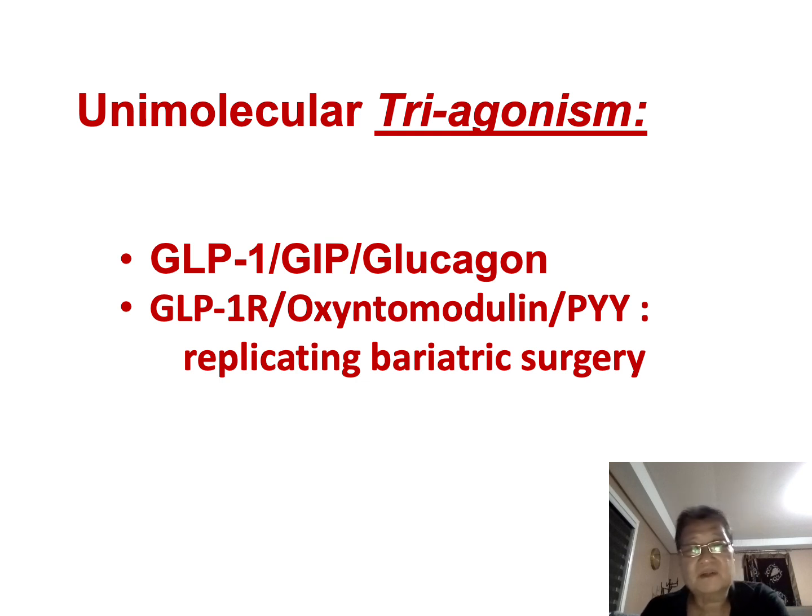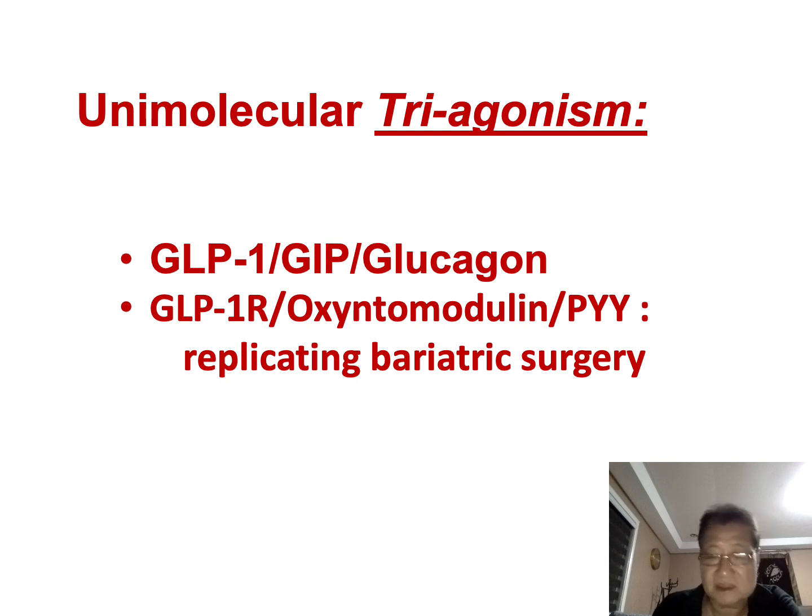Now, let's go to unimolecular triagonist. Okay. Triagonist, the more the better, meaning three hormones that target the receptors. Combining GLP-1, GIP, and glucagon, or combining GLP-1, oxyntomodulin, PYY, or replicating the bariatric surgery.